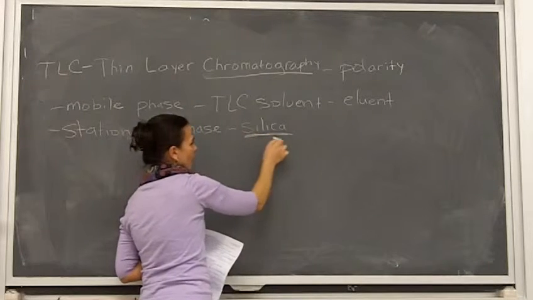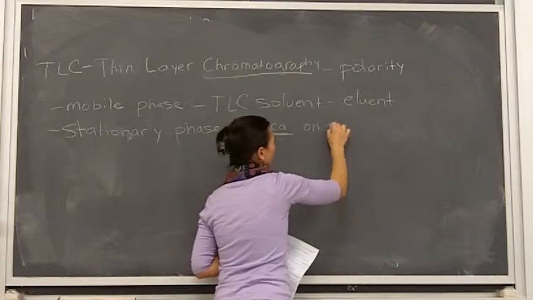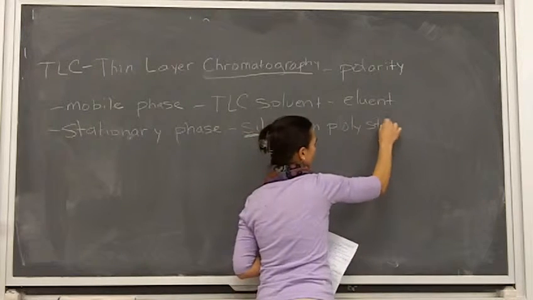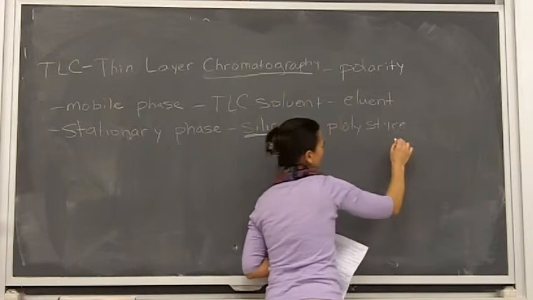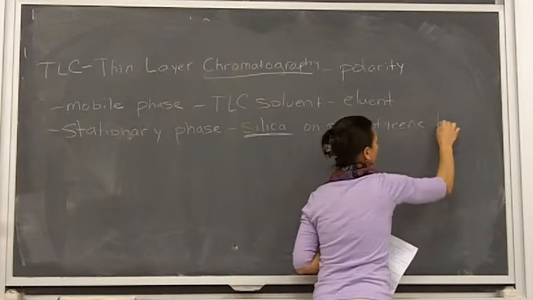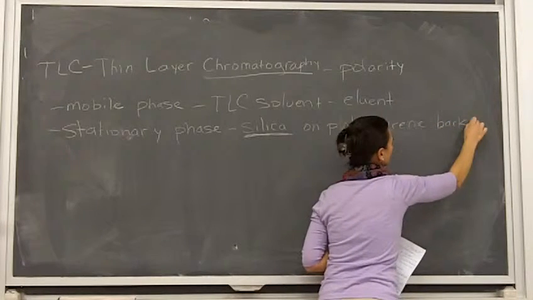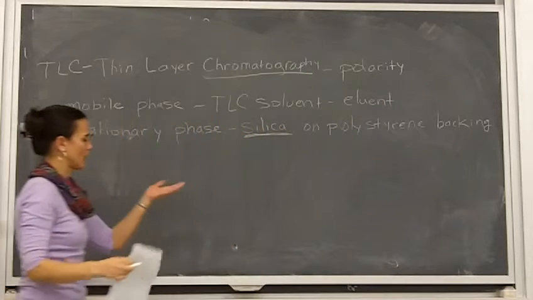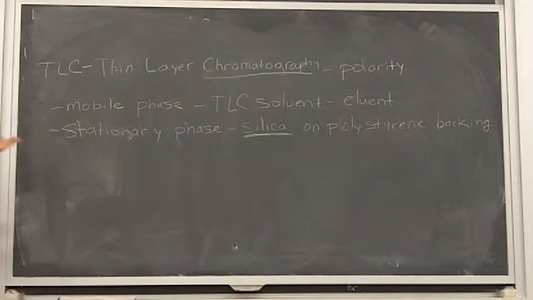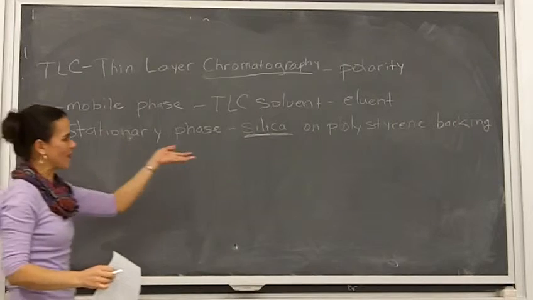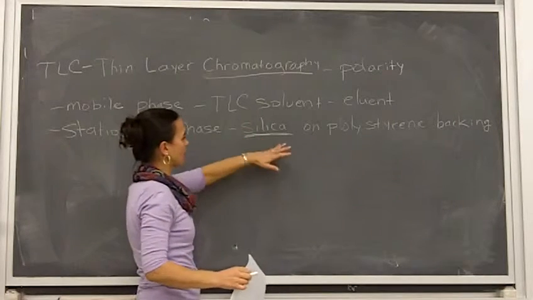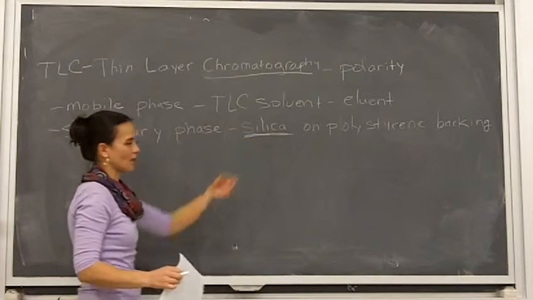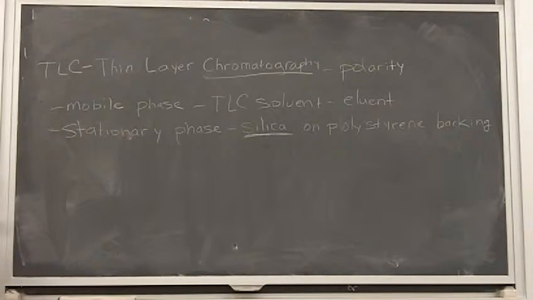The silica itself is on polystyrene backing to make the plates, but it's the silica that is our stationary phase. So you'll see what these plates look like. They're cut as rectangular plates, and on the back is this polystyrene plastic backing. On top of it is the silica. So the white silica is what is important as far as the separation is concerned.